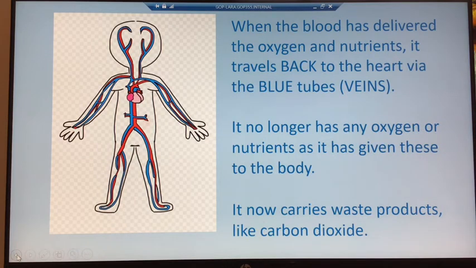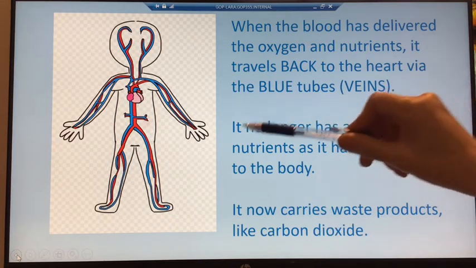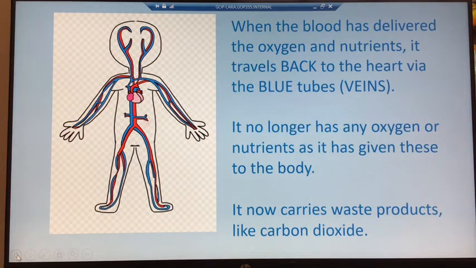He's delivered the food, or she's delivered the food, and now they're walking back to the kitchen with an empty tray. Something else the blood does as it travels back to the heart, it carries waste products in it, like carbon dioxide, which is something we produce in our bodies and we need to breathe out. So this could be the waiter collecting the empty plates, or the waitress collecting the empty glasses and taking them back to the kitchen.